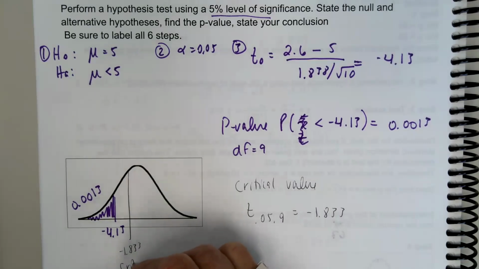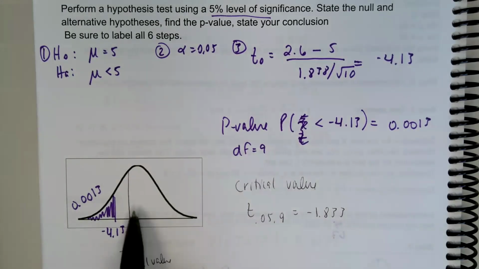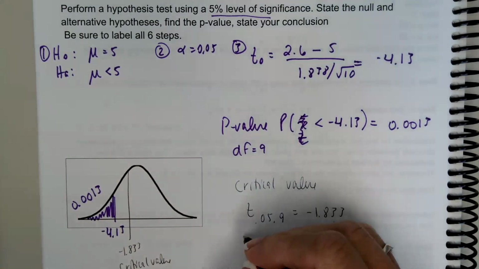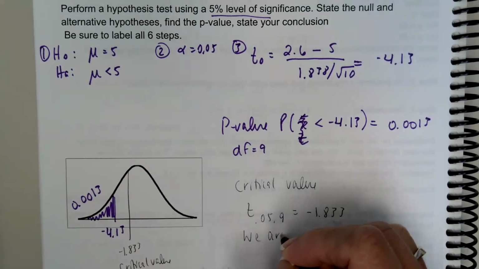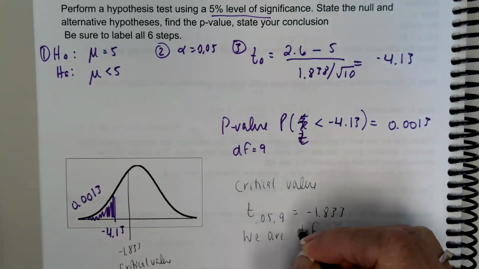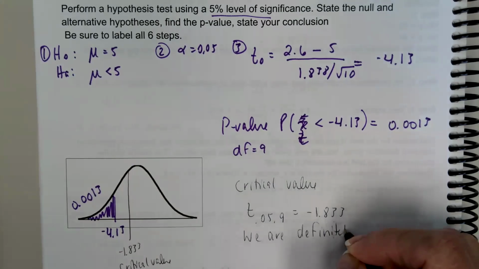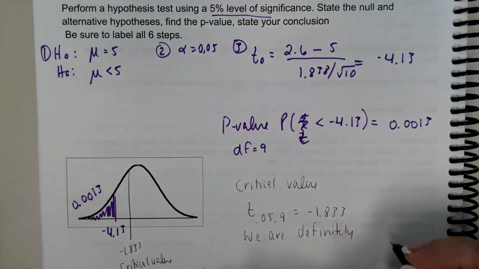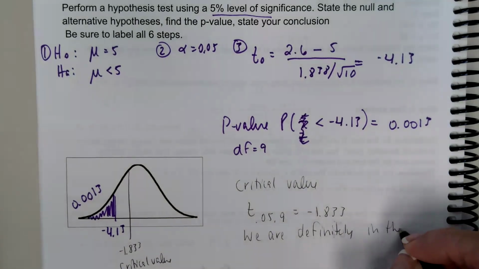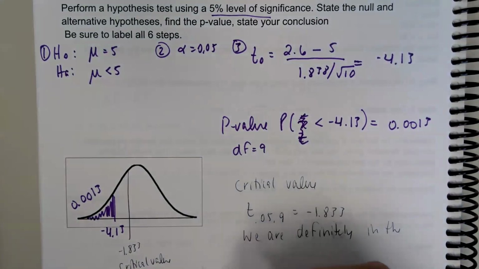This is our critical value, meaning anything to the left of there is in a danger zone. So we are definitely in the danger zone.